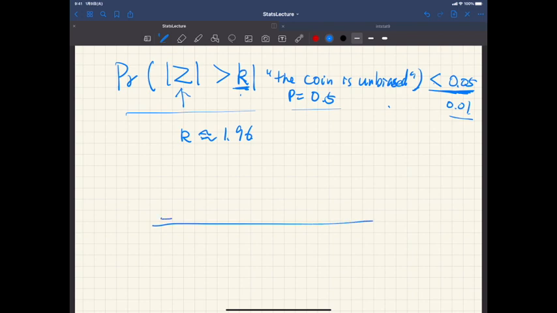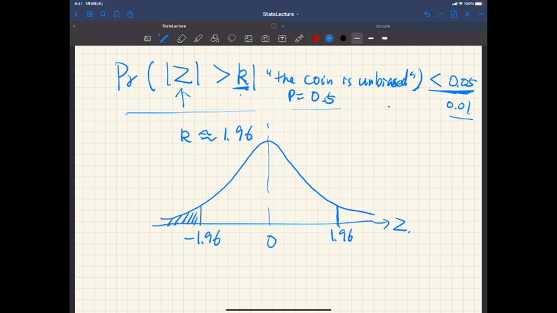If you have a standard normal distribution, this is z, and this is 0, so this is about 1.96, and this is about negative 1.96. So these probabilities in total, this area plus this area, will be less than 5%, 0.05.